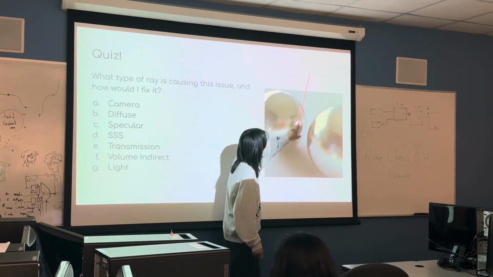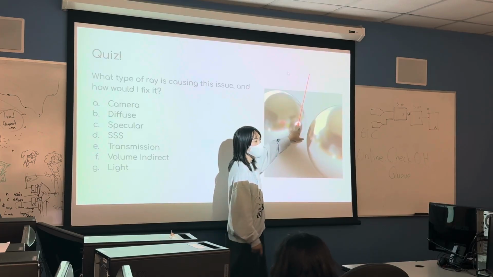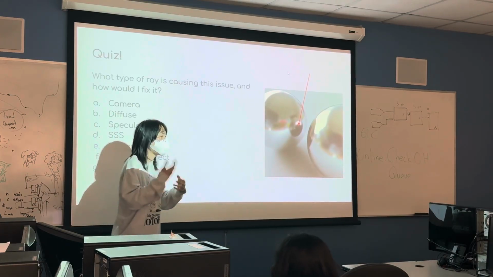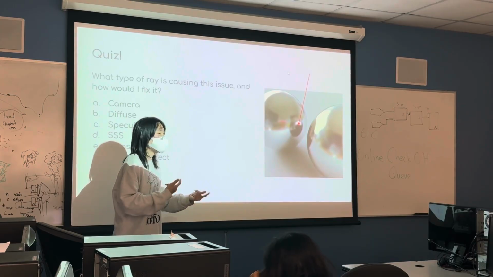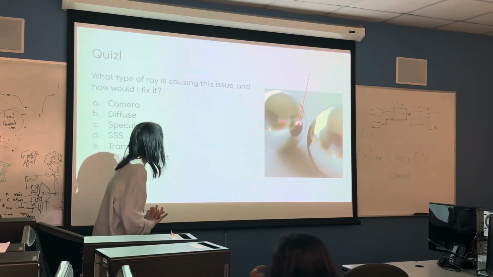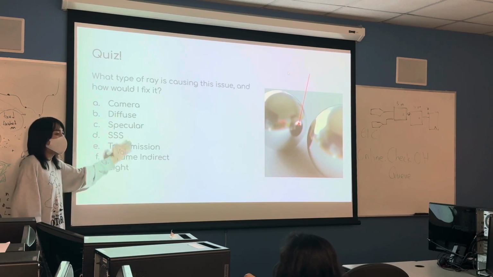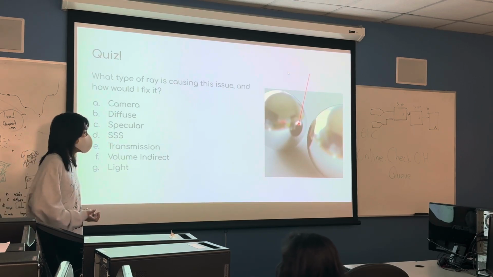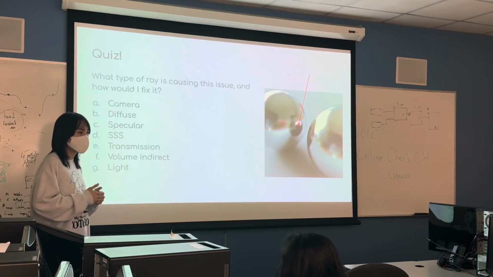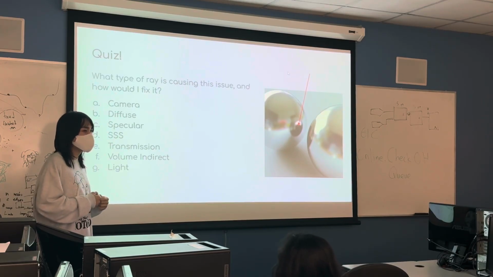And then you're going to get this really black sphere over there because you're not bouncing enough through these surfaces to be able to collect enough information about them, right? So this is a specular problem, it is a specular ray, and it is the ray depth that is the issue. Make sense? Are there any questions?